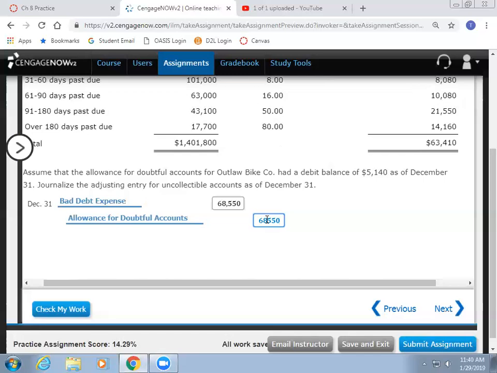So say at the end of the year, we had 100,000 of credit sales. And they tell us we estimate 1% of those credit sales are uncollectible.